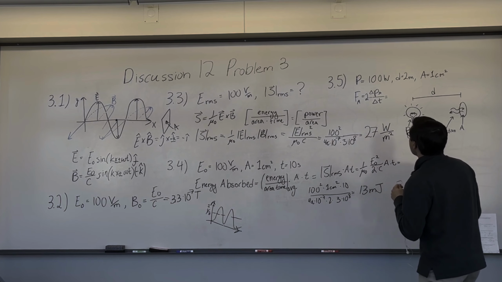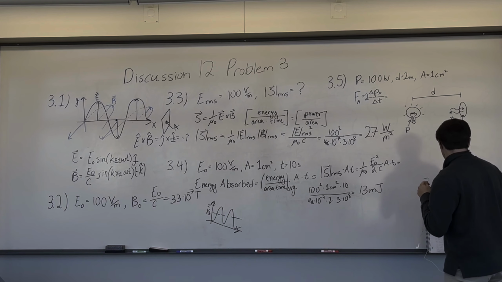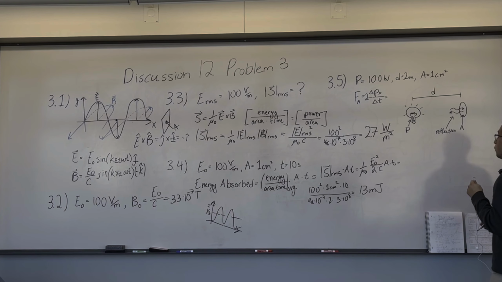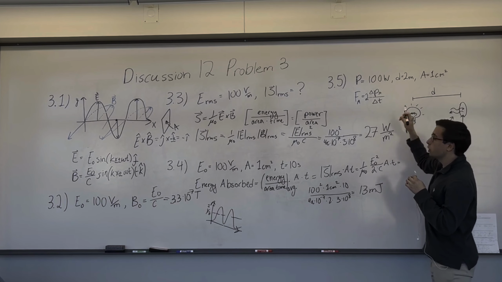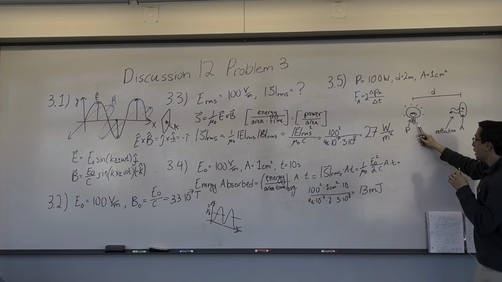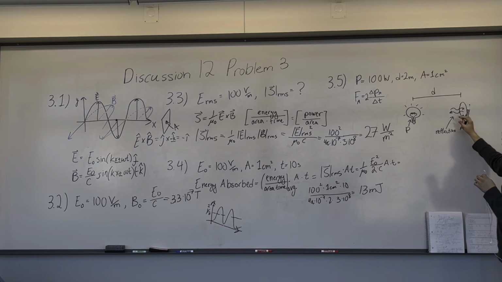So the way we're going to do this is, first, before we tackle this question, we're going to ask, of the energy coming out of this light bulb, how much is actually hitting our surface here?